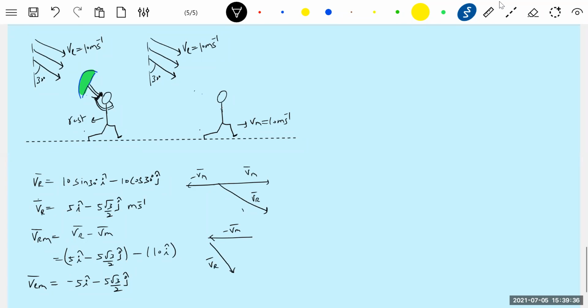This is V_R bar. V_RM bar will come in this way, with the same length of vector. 30 degrees. V_RM bar will come somewhere like this.